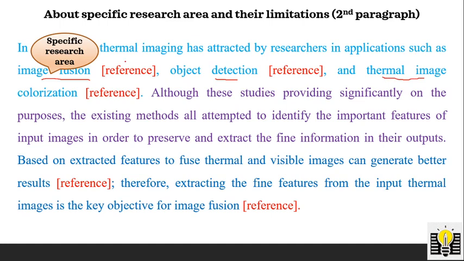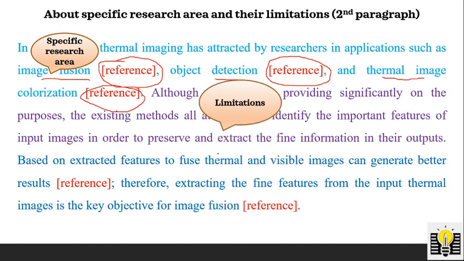Here we need to give some references because we are making statements. So we need to give references for better understanding. Whenever we are making a justification statement, we need to give some references. And the next statement is limitations.